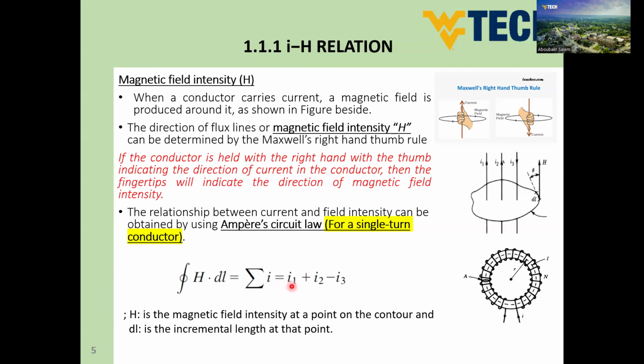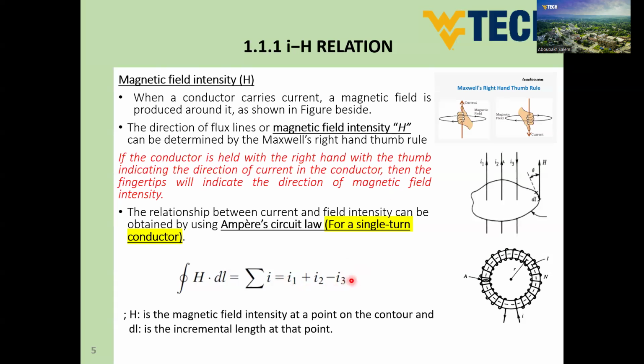But here, if you have many coils connected together, every coil will have its own flux direction. For instance, you have a coil moving flux in this direction, and here I2 in the same direction, but I3 making the opposite direction. In this case, the summation of current would be I1 plus I2 minus I3.